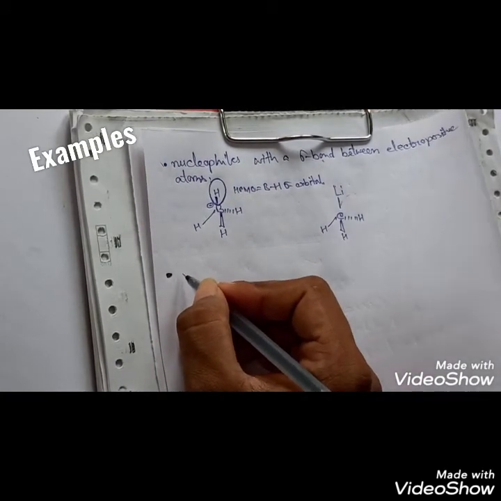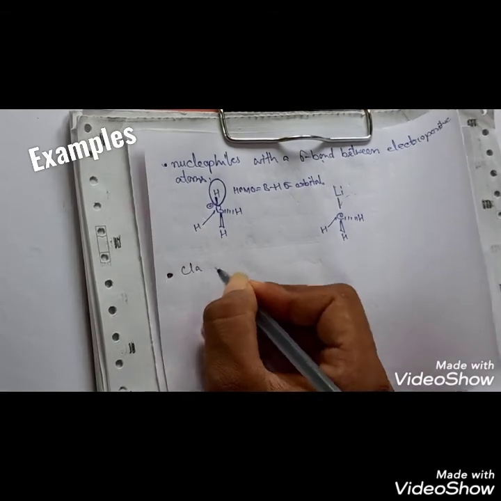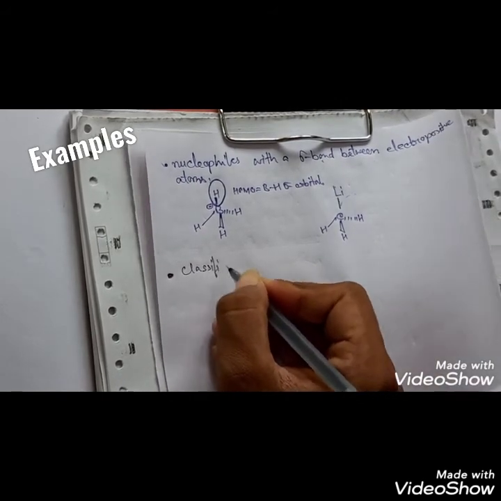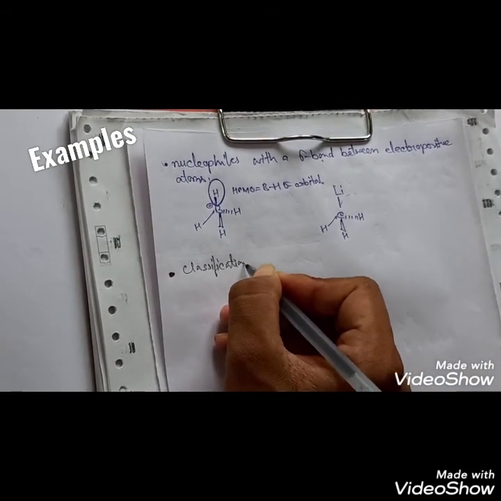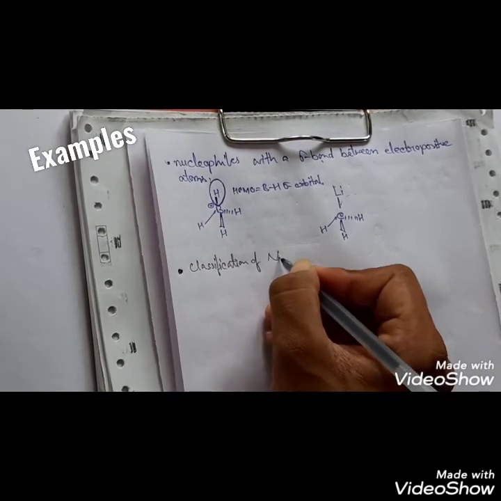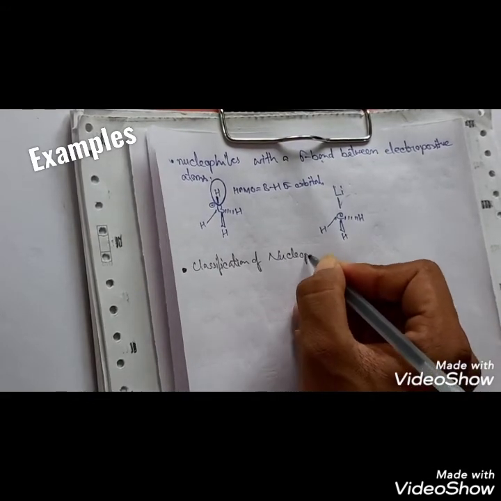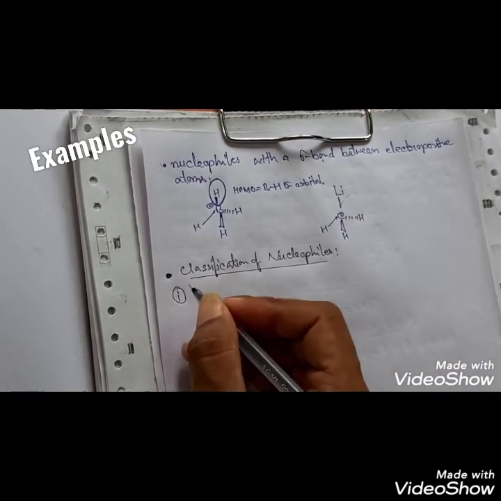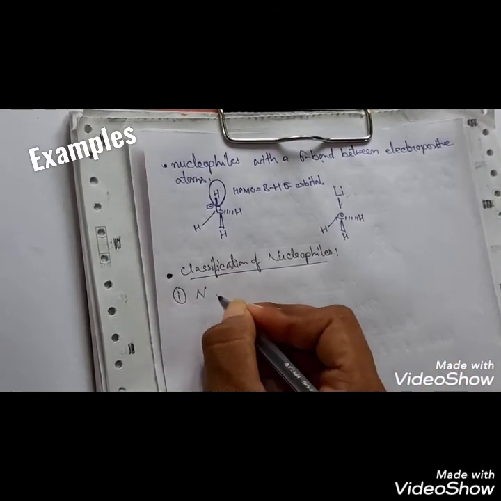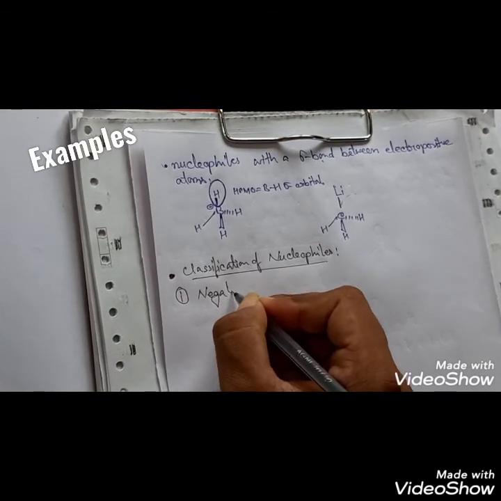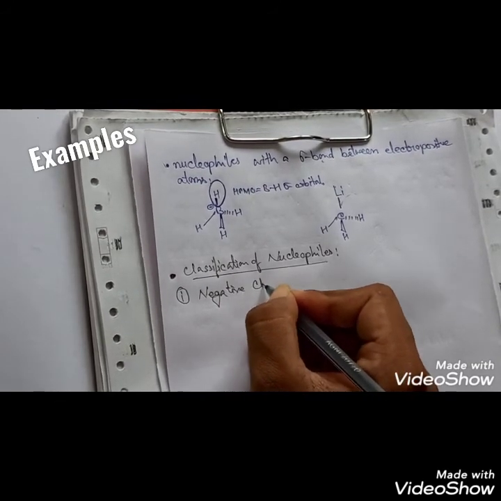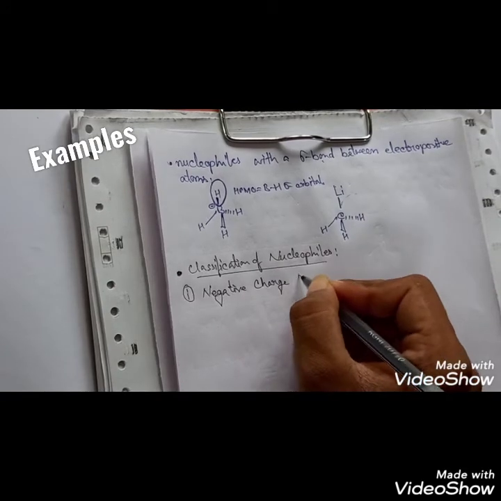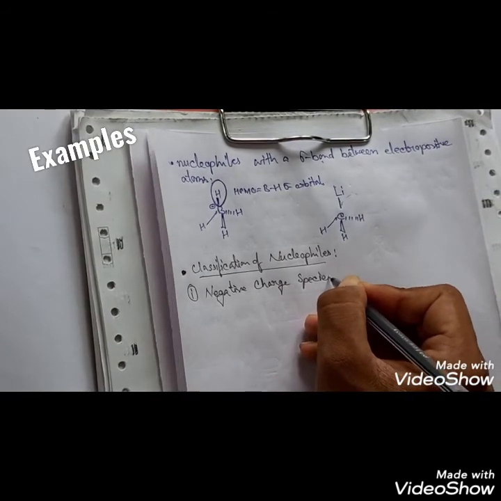So you can write down the topic, classification of nucleophiles. Number 1, negative charge species.